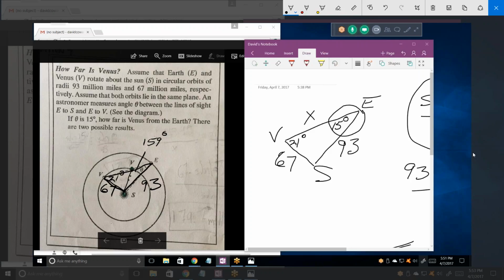And then let me draw the other triangle in red. And notice that both of those triangles have 93 and 67. This measurement right there is 67 of that side. Right. And they both have the same theta. Theta being 15 degrees.